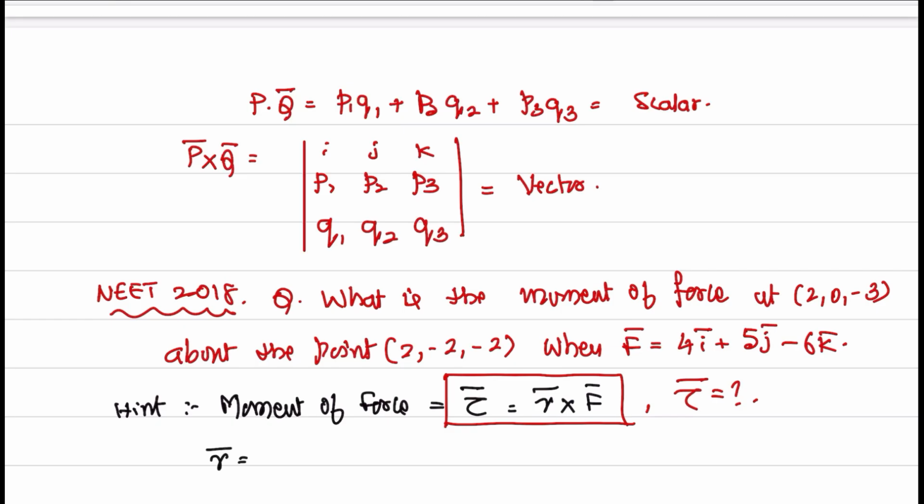R bar is equal to, let me say this is Q about the point and this is P. R bar is nothing but OP minus OQ. I have already explained you.